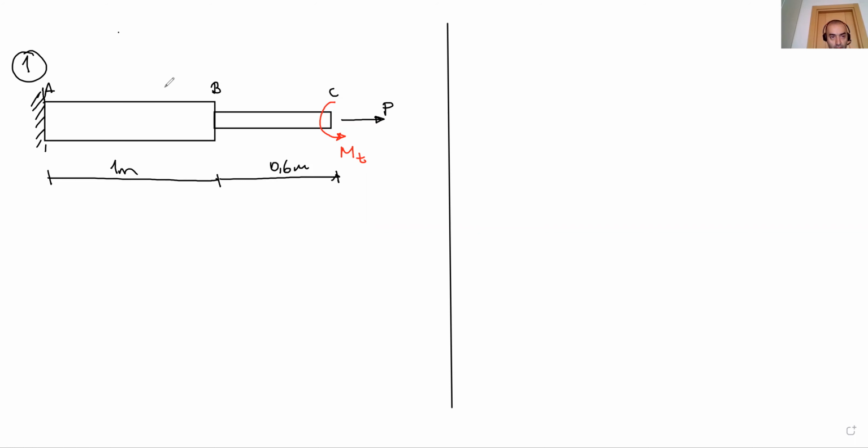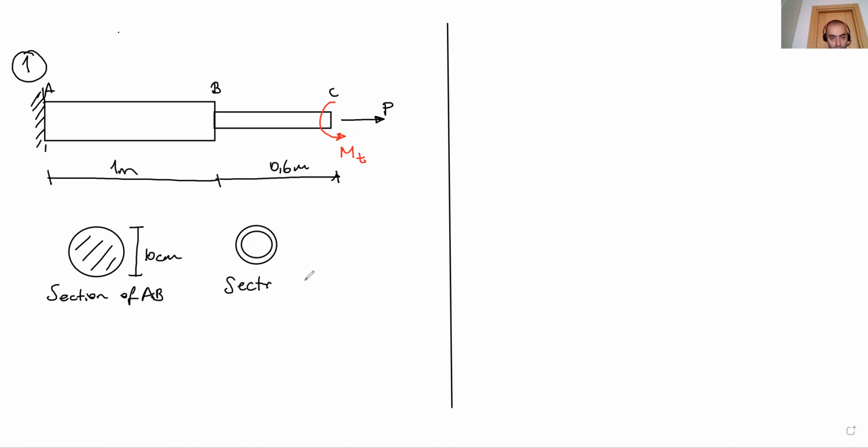Okay, we have a solid section for AB, a solid section with a diameter of 10 centimeters, and BC is here.